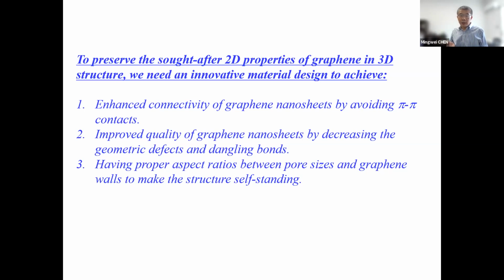But second, we need to consider the quality of the graphene nanosheets. We cannot use reduced graphene nanosheets as the fundamental building blocks to construct a 3D structure, because those graphene sheets are too defective, right? Also, we need to construct this three-dimensional structure with a proper aspect ratio. That means the ligament thickness and porosity have been optimized so that the material can be self-standing and can afford high strength and high force. Okay.